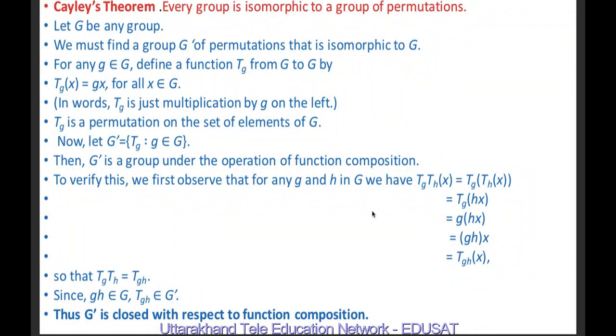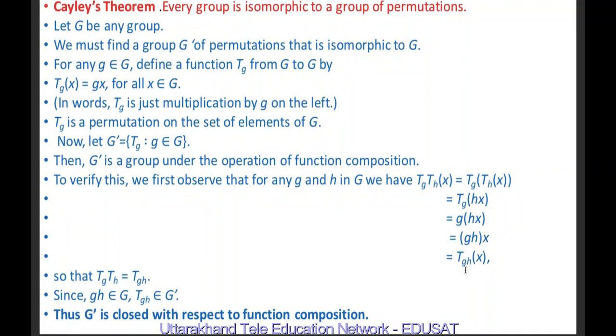First of all we observe that if g and h are elements in G, then Tg Th(x) is equal to Tg(Th(x)), function composition. By definition Tg(x) is gx, so Th(x) equals hx. So Tg(hx) is g into hx, and this is nothing but (gh)x because g, h, x are all elements of G and G is a group.